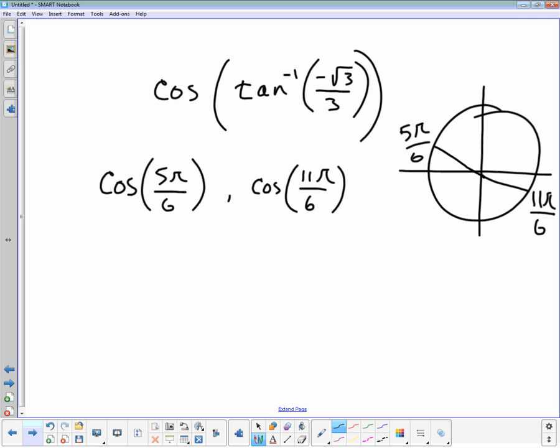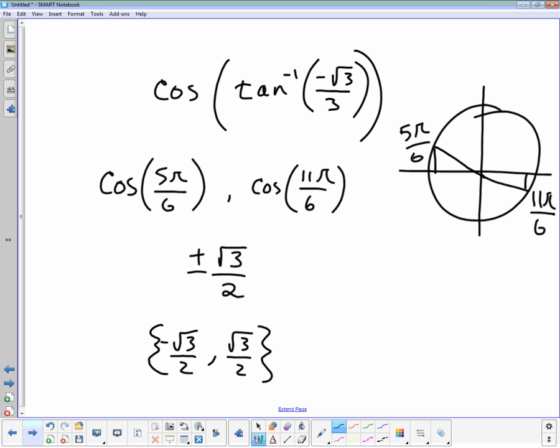Right. The cosine is the x value of both of those locations, so you get the positive and negative square root of 3 over 2. They're the same point, and this is equivalent to saying it that way.